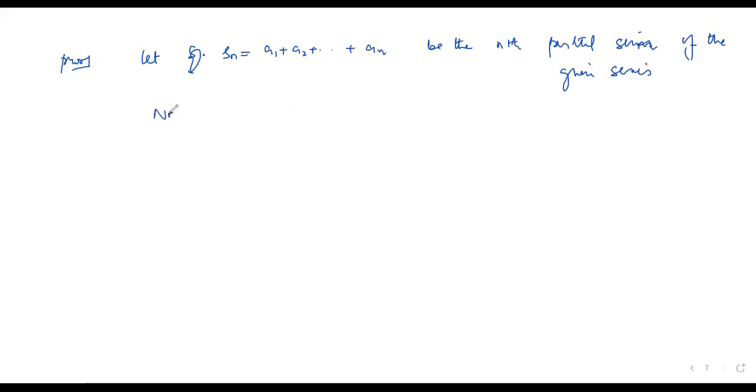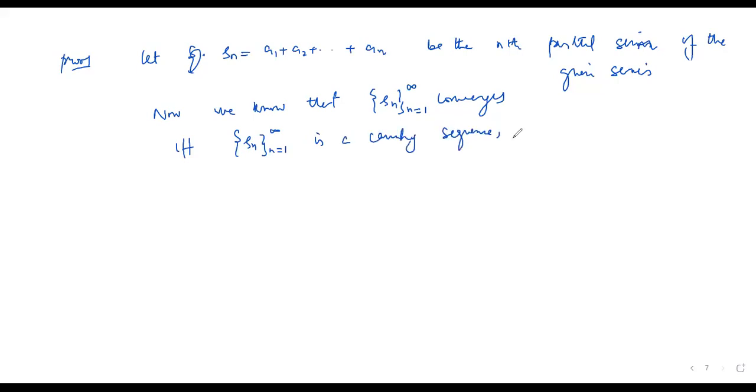Now we know that Sn, n runs from 1 to infinity, converges if and only if Sn is a Cauchy sequence.